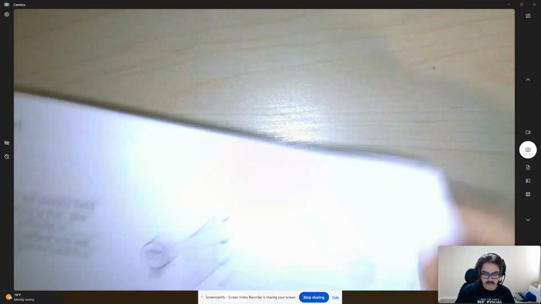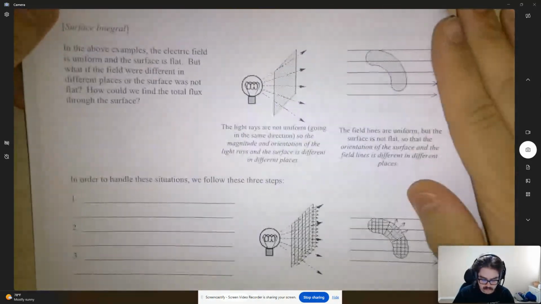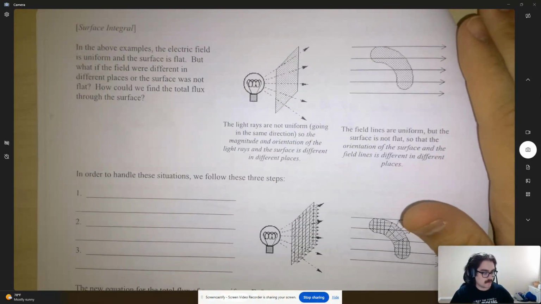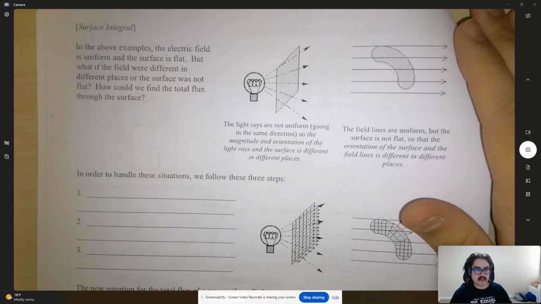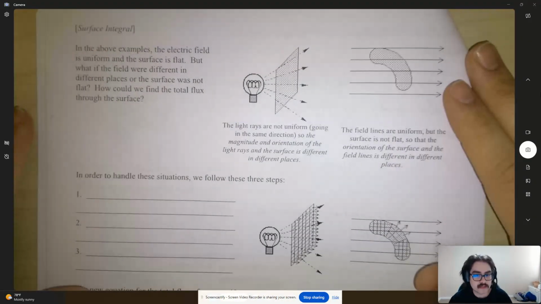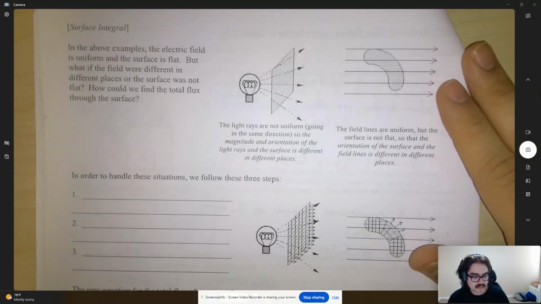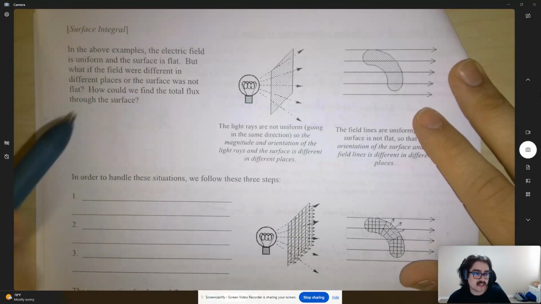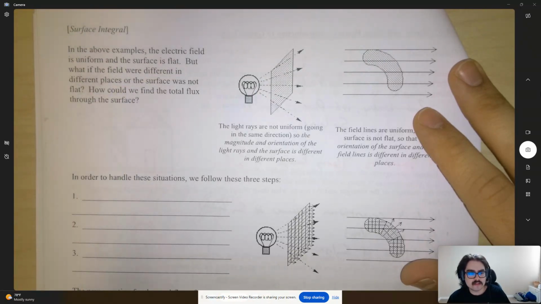We're going to talk about something called a surface integral. The surface integral is actually not that different than a regular integral. People freak out when they see surface integral, but it's really not that different, and we can actually avoid doing calculus if we set it up correctly. In the examples above, the electric field is uniform and the surfaces are flat.